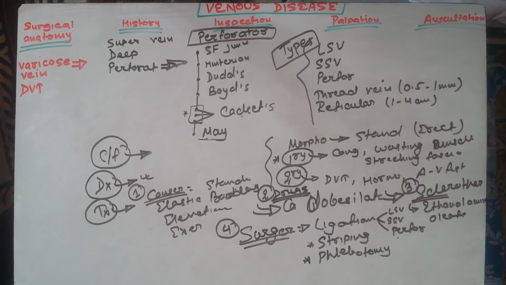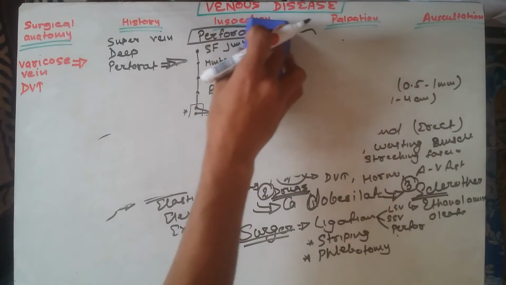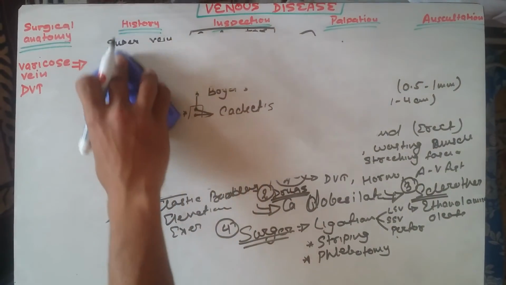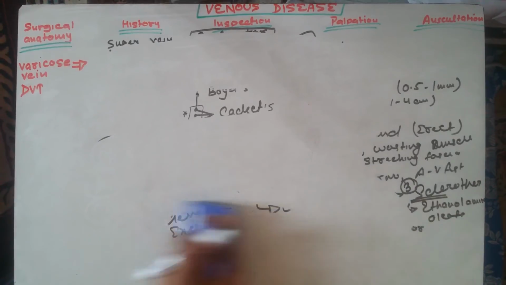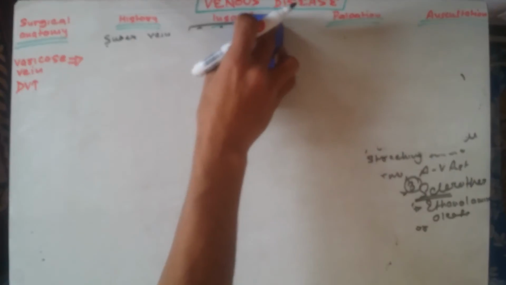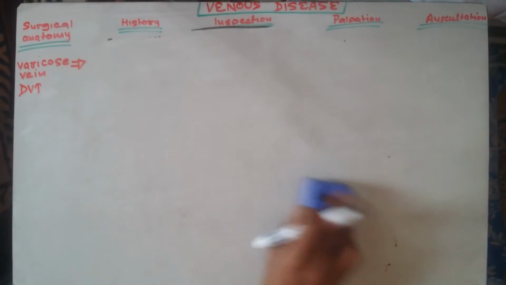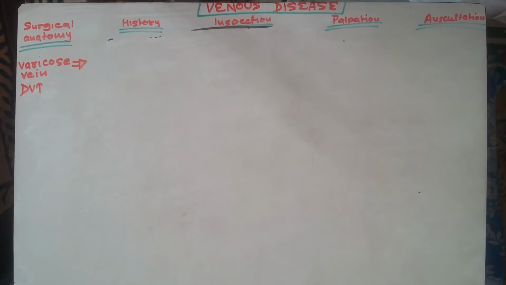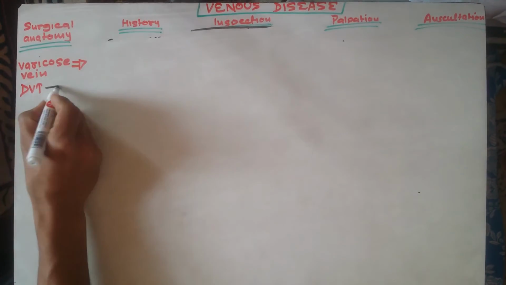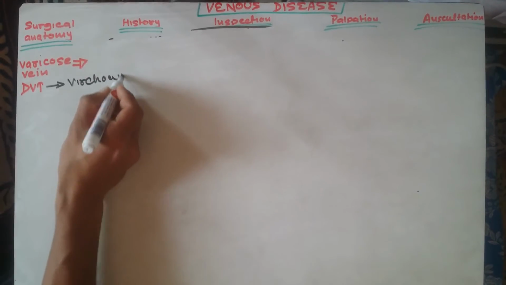Then the other disease which we will be discussing is deep vein thrombosis. There are many risk factors for DVT. They can be age related, varicose vein, pregnancy, high dose drugs. Simply we can remember that Virchow's triad should be present as the predisposing factor for DVT. What does Virchow's triad include?